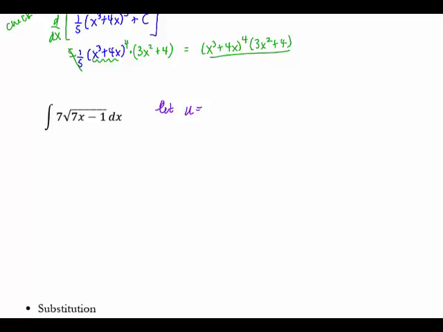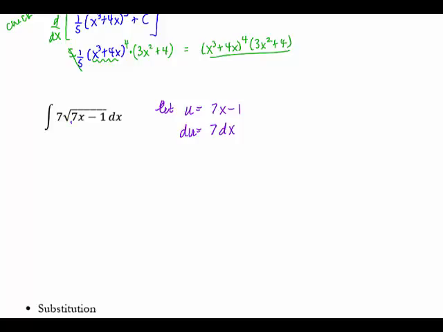I don't know what the antiderivative of this thing is. So let's let u be the inside of the radical, 7x minus 1. Then the derivative of u is the derivative of this 7x minus 1 business, which is 7 with respect to x.